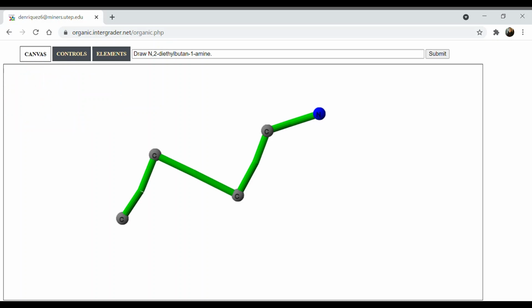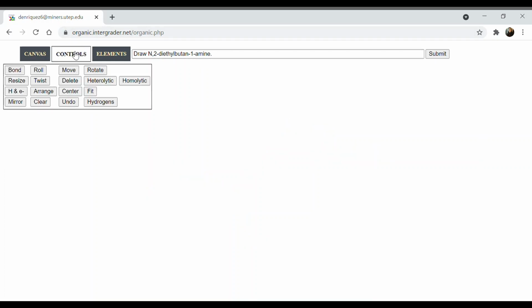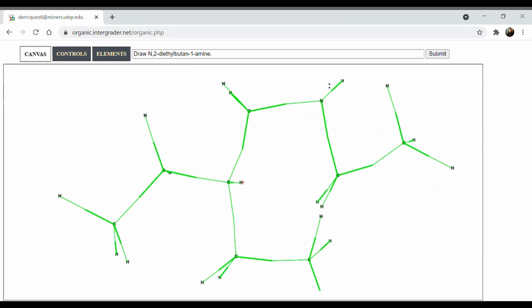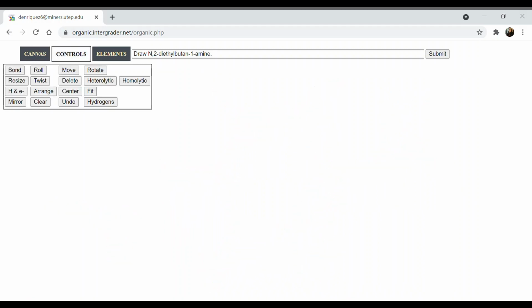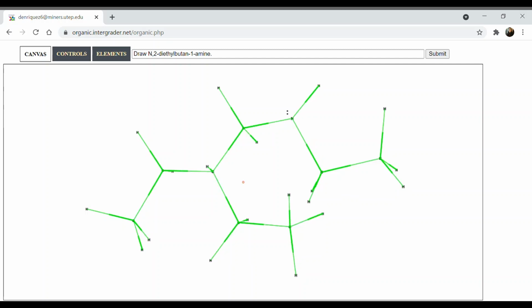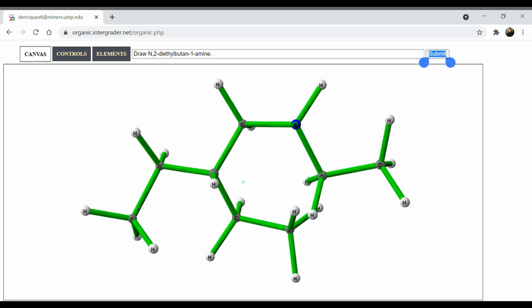So I'll put an ethyl at the 2 position and an ethyl at the N position. Add my hydrogens and hit arrange and fit. Okay, it's a little weird looking, but we've got our ethyl over here, and our ethyl over here at the 2 position.